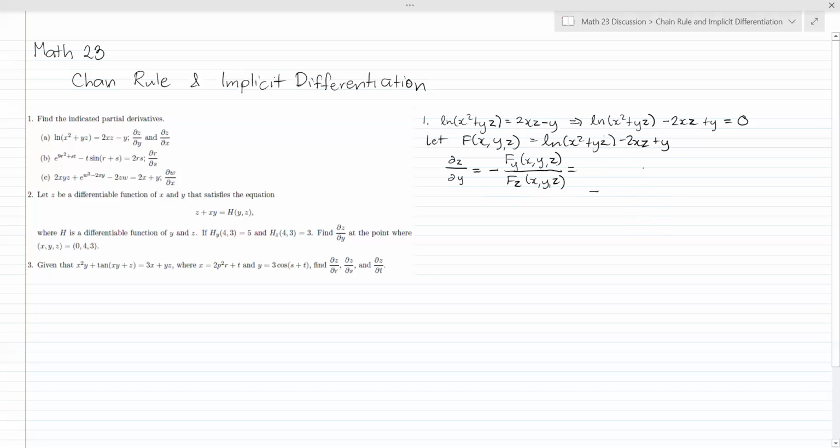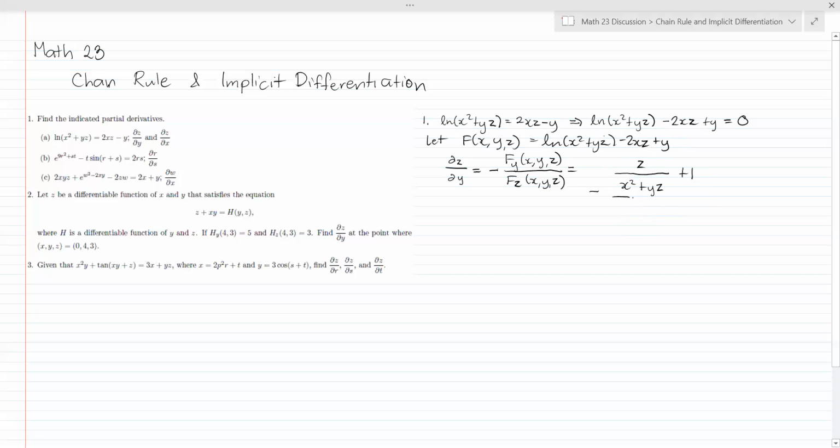So, derivative ng ln ay 1 over x squared plus yz, with respect to y tayo, no? So, by chain rule, meron ba tayong factor na z. Okay, clear? Kasi derivative ng yz. Derivative ng x squared is 0. And then, plus 1. Itong negative 2xz, considered as constant, so 0 yung derivative. And then, derivative ng y is 1.